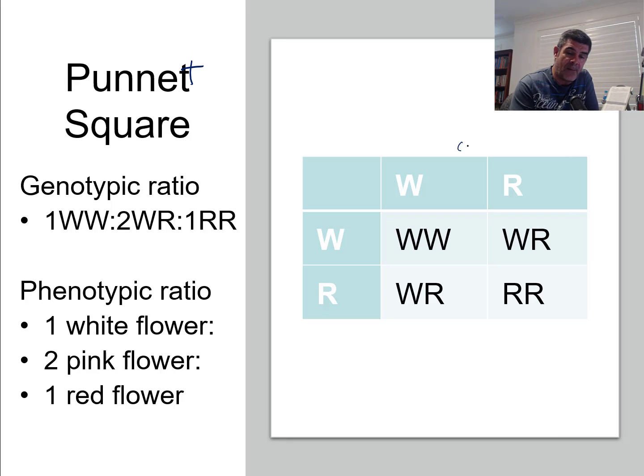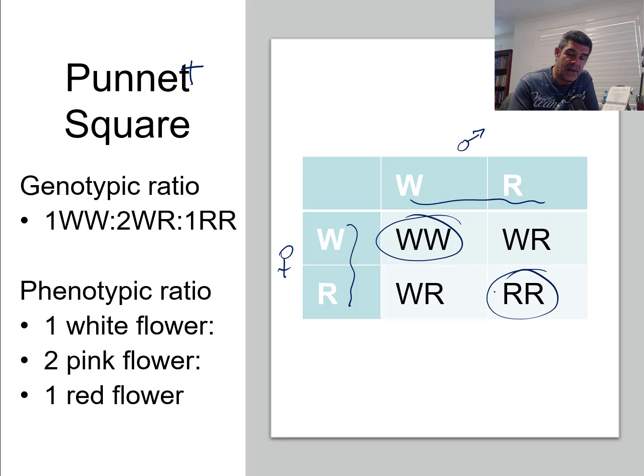We've got our male and our female on either edge, and we know that both of these different alleles are present. The combinations we have, as we looked at for codominance, give a 1 to 2 to 1 ratio, which is our Mendelian ratio.